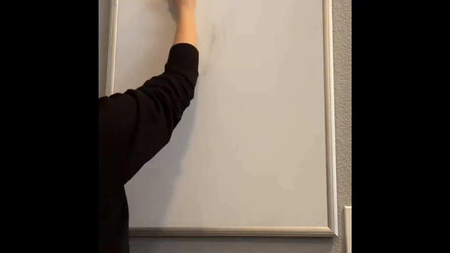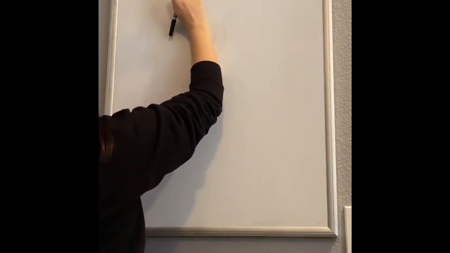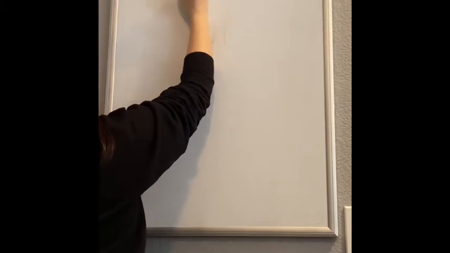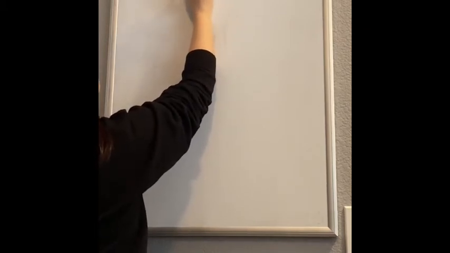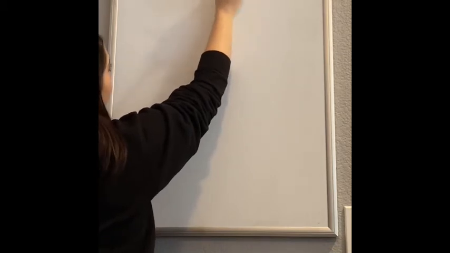Okay, so first what you have to do is condense them. So you'd get log base 2 of x times x minus 2 equals 3.